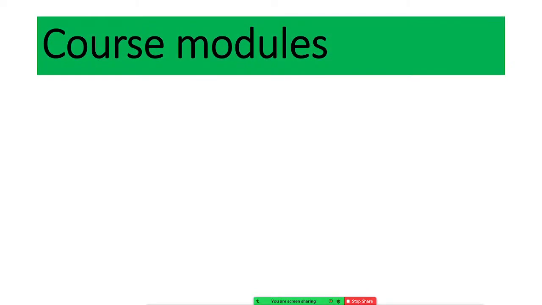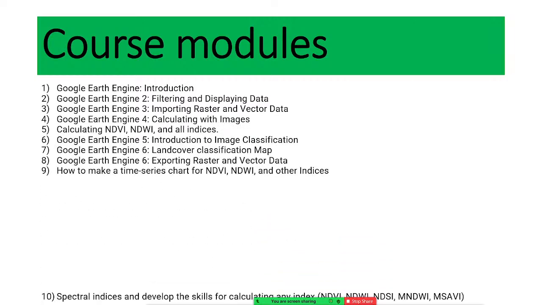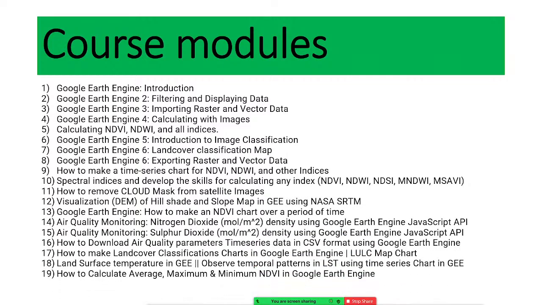Basically today I will show you our course modules. First of all, I will discuss how you can easily filter and display the Sentinel-2 satellite imagery, and we already covered Landsat 8. This is our full course content, for the 7 days.